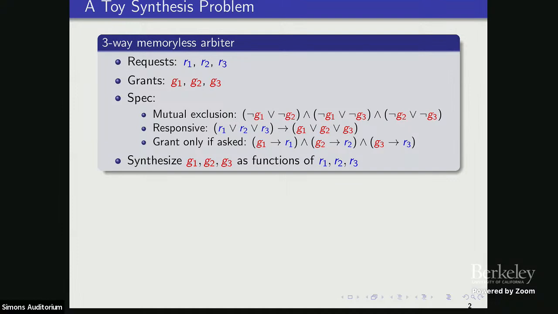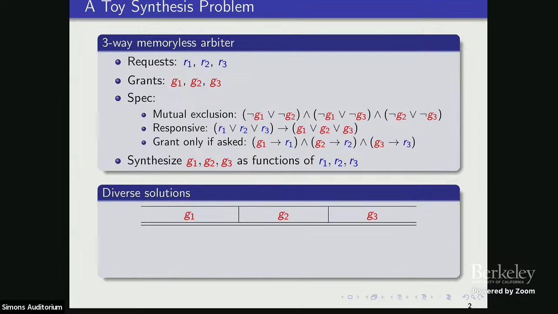And sure, that is one way of synthesizing the functions, but it turns out that the space of solutions, which means the space of functions that one can write in terms of R1, R2, R3, which satisfy these specifications, is actually quite diverse and rich.